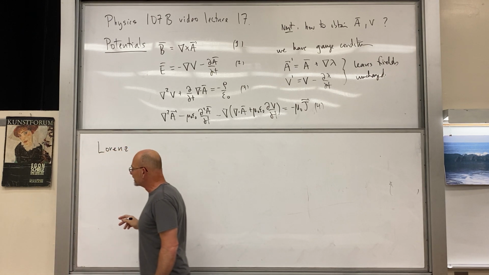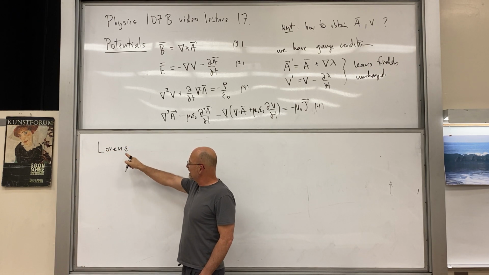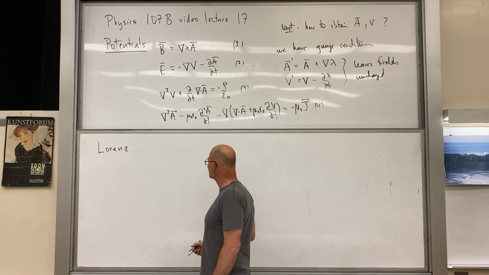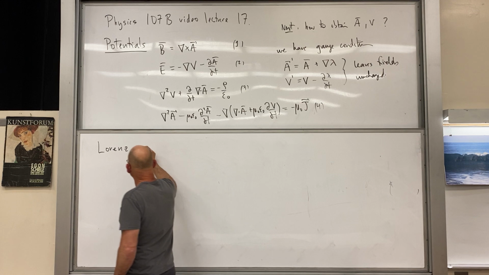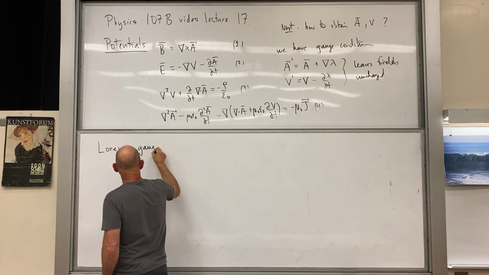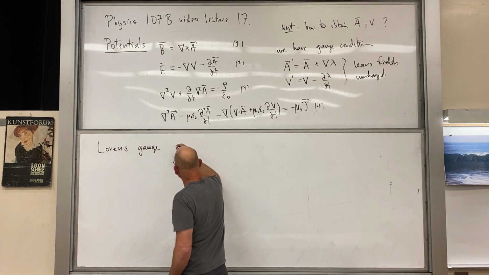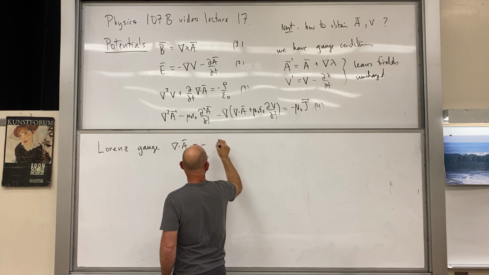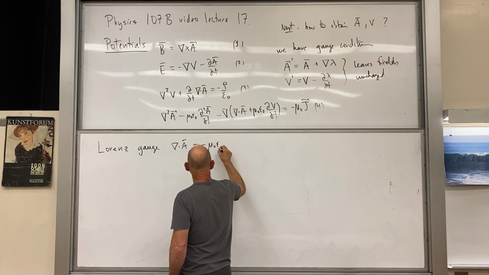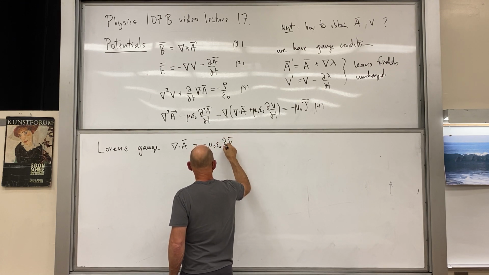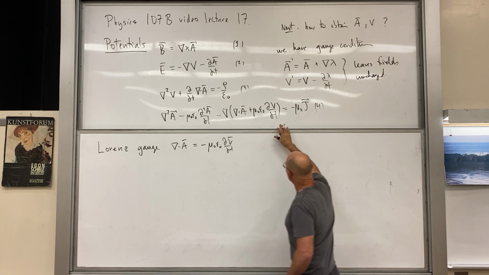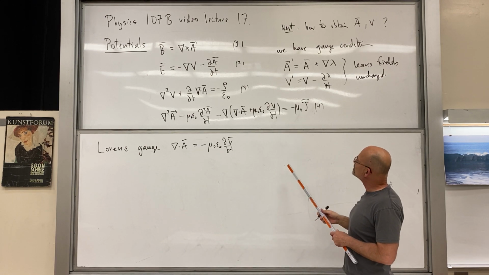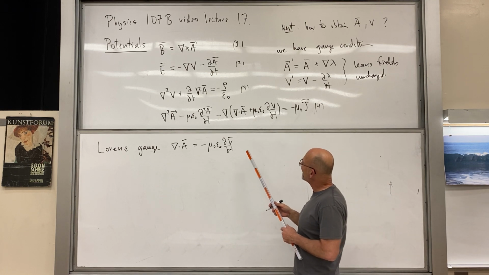I just learned the other day that the T in here has been dropped and it's now a different Lorentz than it used to be. I don't know if that's fair, but the Lorentz gauge is going to be divergence of A is equal to minus mu naught epsilon naught dV/dt. That's going to bring this entire expression to vanish, and let's see what we have now.